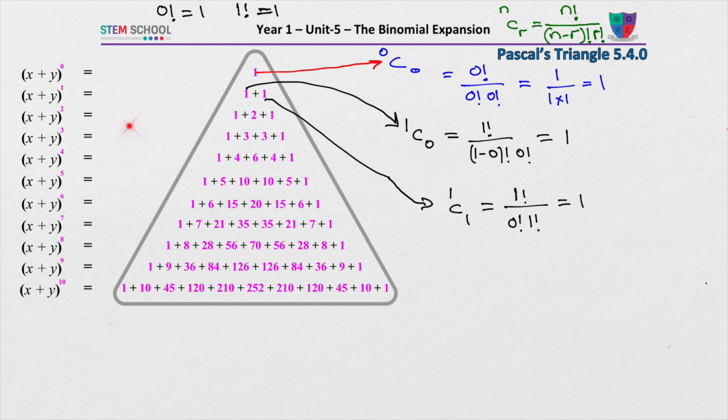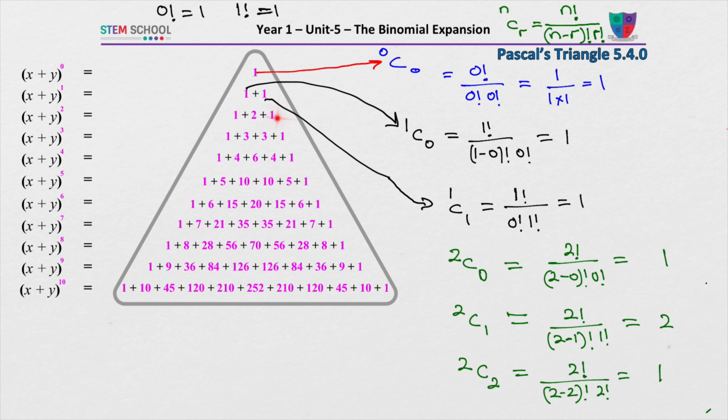The third one here, x plus y to the power 2. Again, we're going to use combinatorial factorial here. So this is 3 of them. So it's going to be 0, 1, 2. So now we're doing this one here.